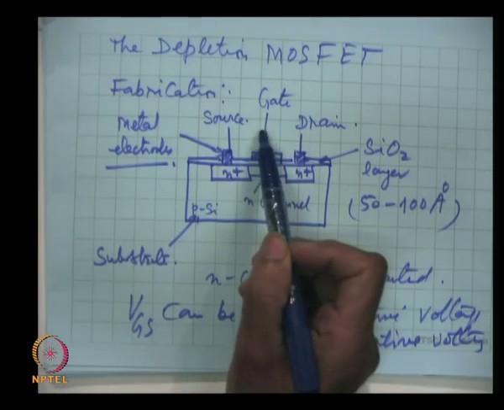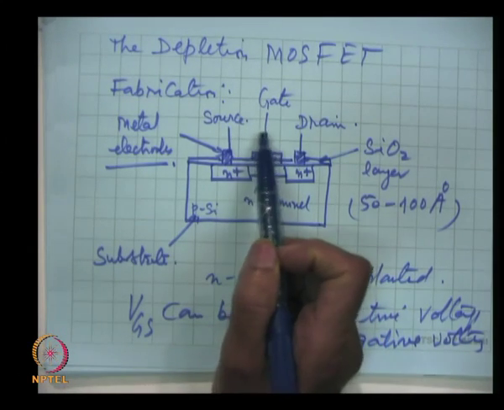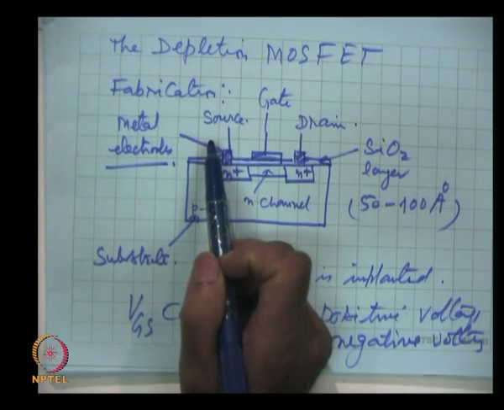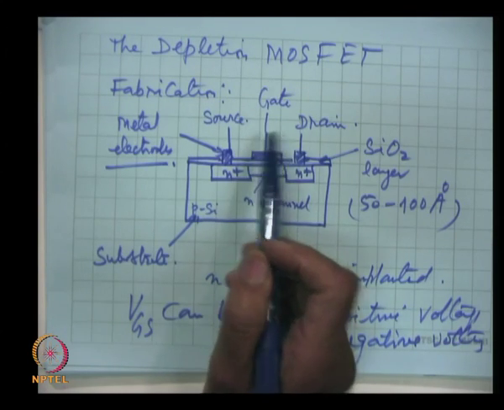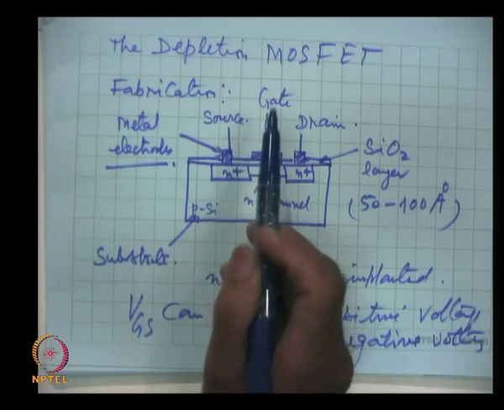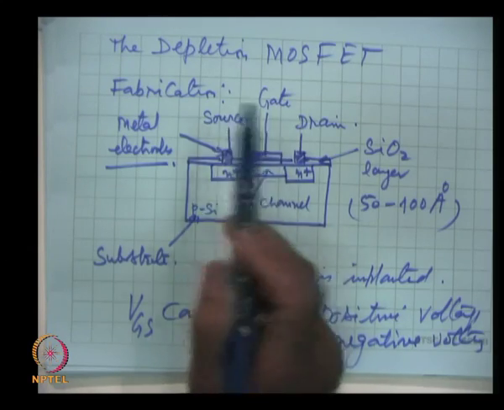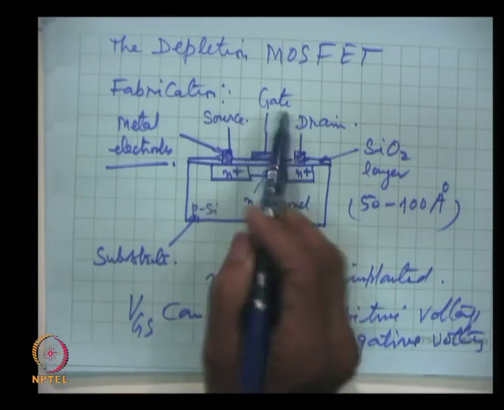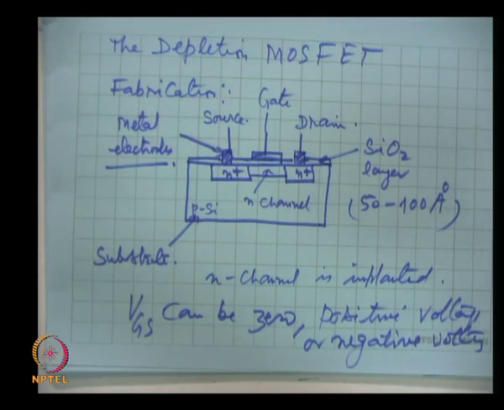We can give the gate a positive potential with respect to source, or we can keep it at a negative potential. So, positive, negative or 0 potential, all are possible in this device. It is a big difference.